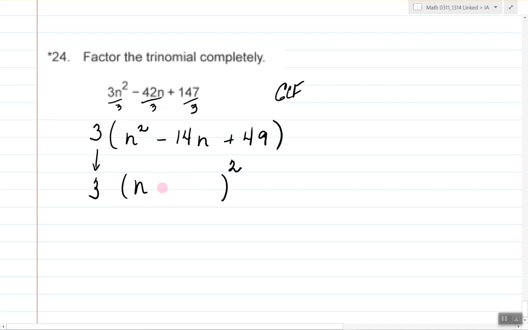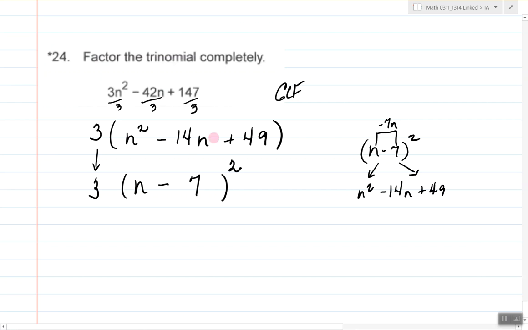Sign from the middle, minus. Square root of that, 7. Let's check it. Over here to the side, if I had n minus 7 squared, square that for n squared, multiply for negative 7n, double it for negative 14n, square the last one for plus 49.